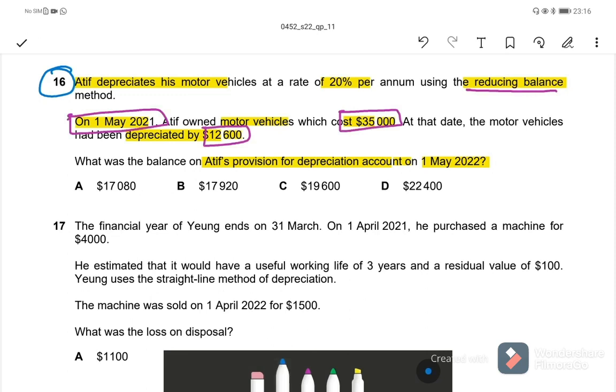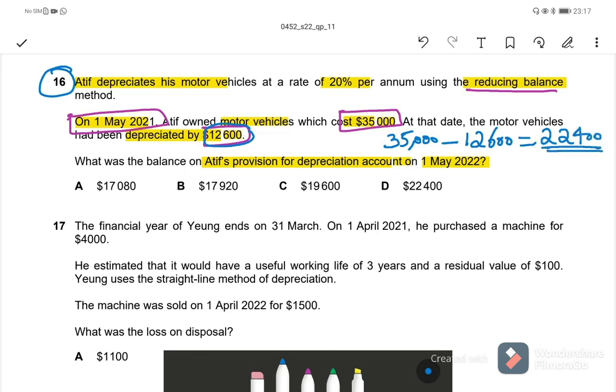This year's depreciation on reducing balance method means on net book value. How to calculate the net book value? 35,000 minus accumulated depreciation 12,600 is equal to 22,400, which is the net book value.